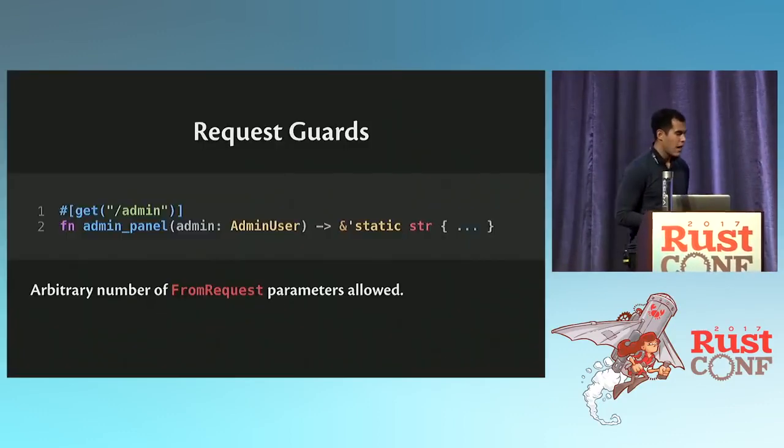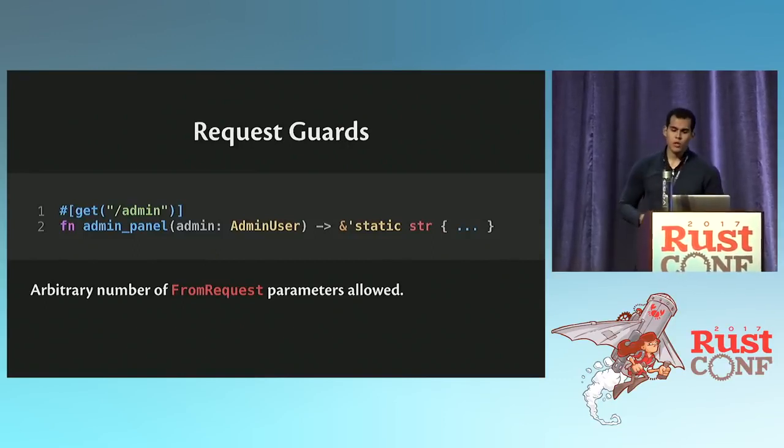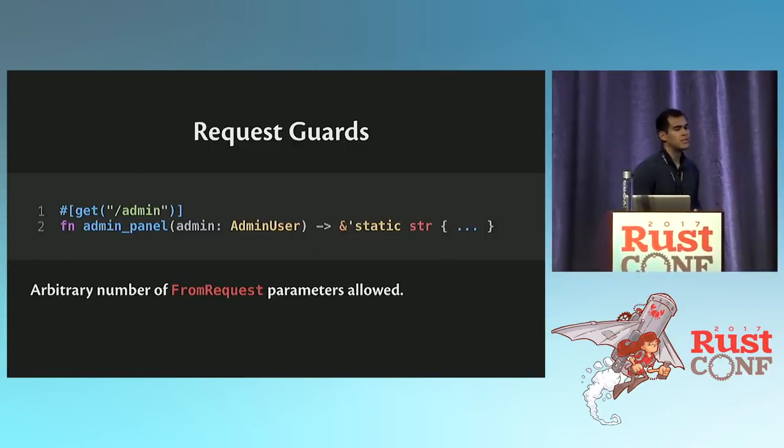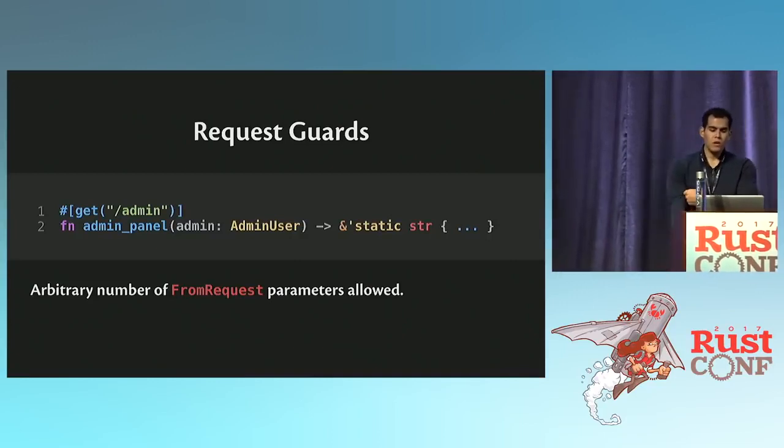For instance, I want to check that it identifies an admin user. Well, there's nothing to match in the path for that. It's just arbitrary what an admin user is. Maybe it means looking at a cookie. Maybe it means looking at a header. Who knows? So Rocket's mechanism to describe these kinds of validations are request guards.